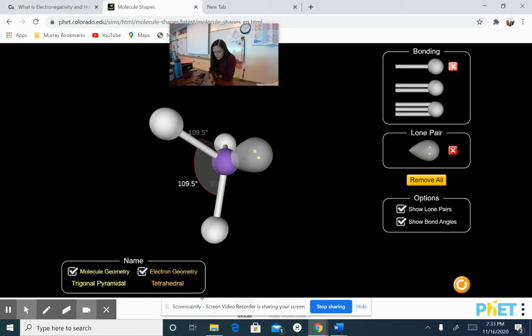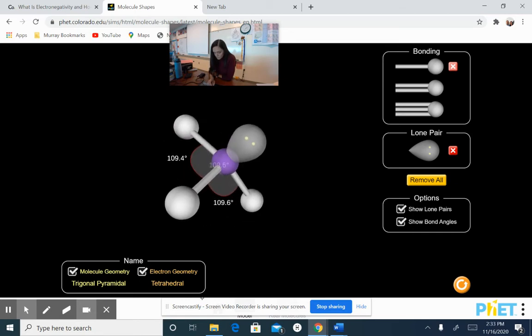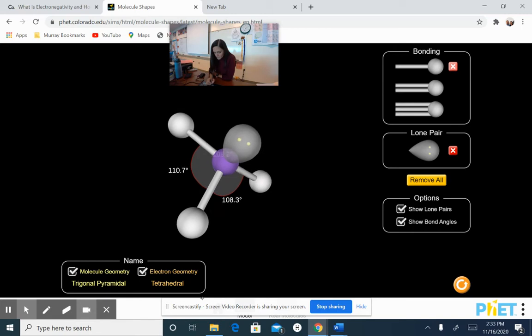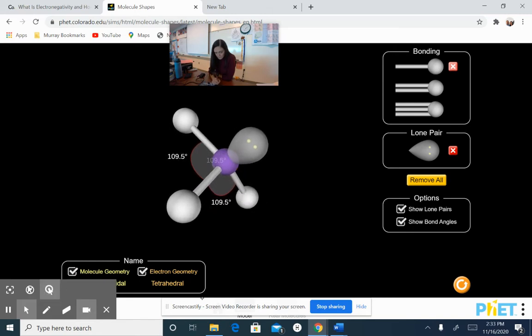So notice we have 3 bonds here. 1, 2, 3, and we've got a lone pair. We still want to look at our geometry. So notice our electron geometry is still tetrahedral, but our molecular geometry here is trigonal pyramidal. Our bond angles are still 109.5.